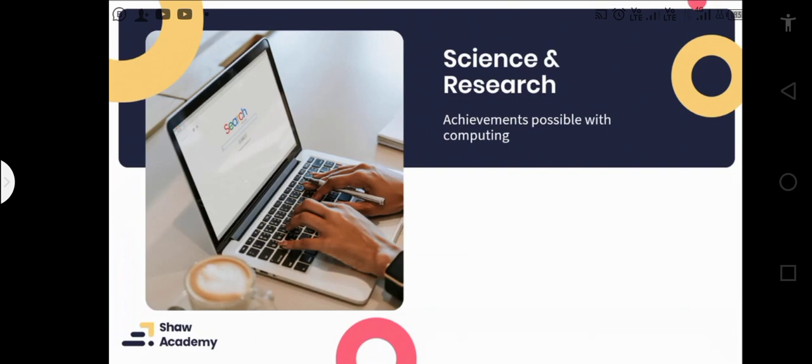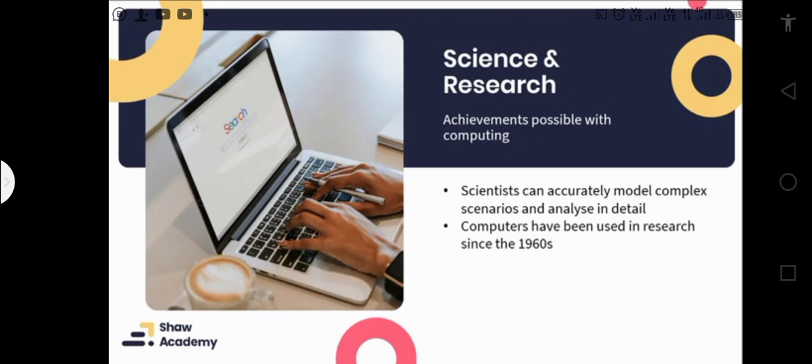Scientific research owes its sky-high achievements to computing. With computing devices, scientists can accurately model difficult and complex scenarios and analyze them in fine detail. From as far back as the 1960s, computers have been used in research in conjunction with mathematical models to produce simulations, models, and projections.